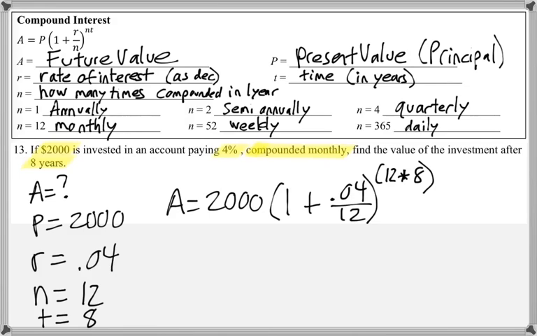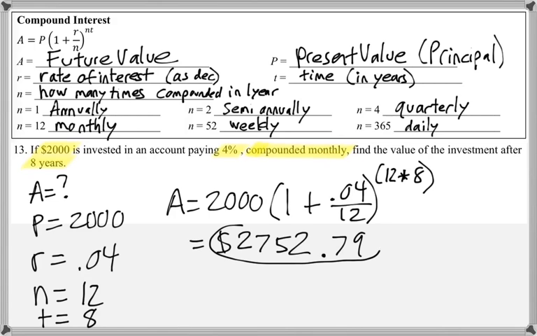And this is going to be $2,752. And let's round to 2 decimal places because that makes sense. And that's my best joke of the semester, so that's pretty bad. So yeah, this will be our answer.